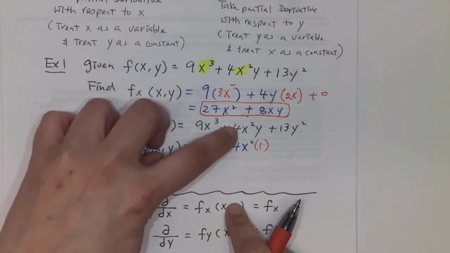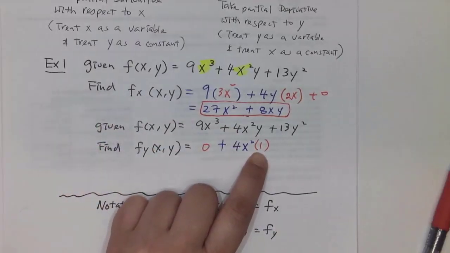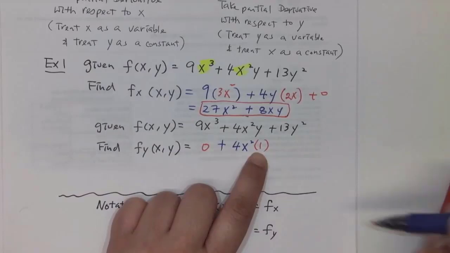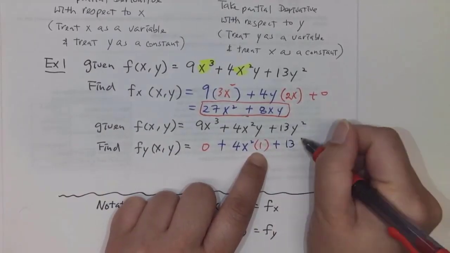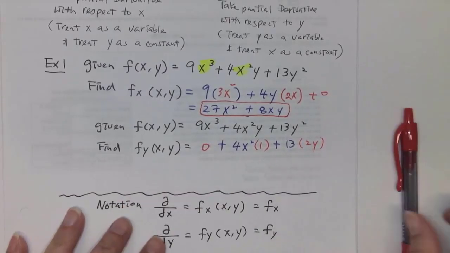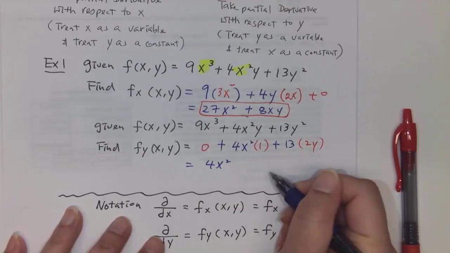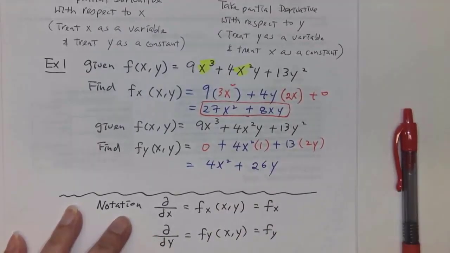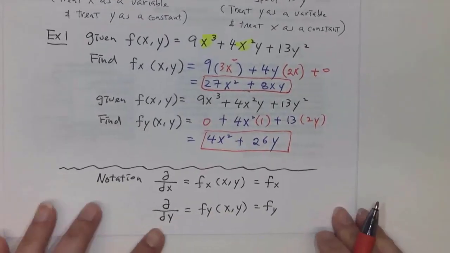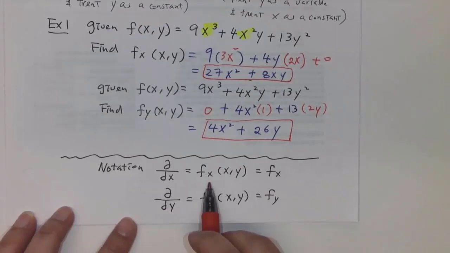You cannot get rid of the number if it's attached to a variable that is still there, okay? And then for the last part, we are treating y as variable, so this is going to be 13 times 2y. So we end up with 4x squared plus 26y.